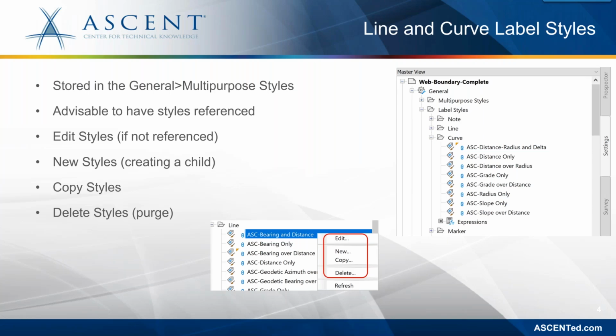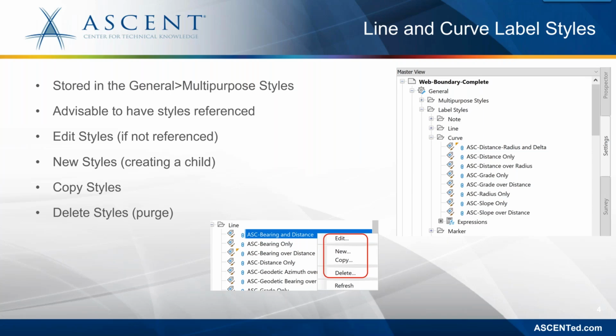Within the settings, I can also right-click and edit the style if it's not referenced, just like I said. I can create a new style, and it becomes a child of the existing style. And then there's this relationship between the parent style and the children.